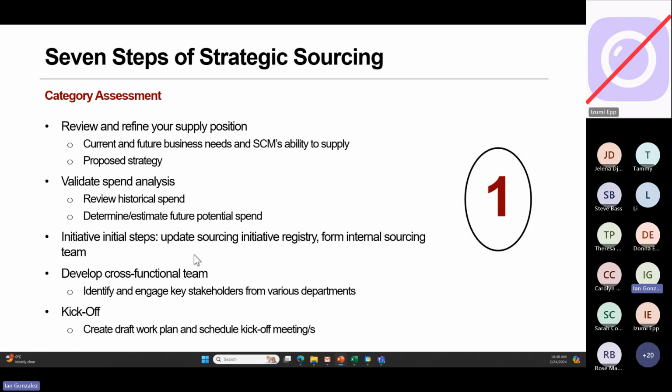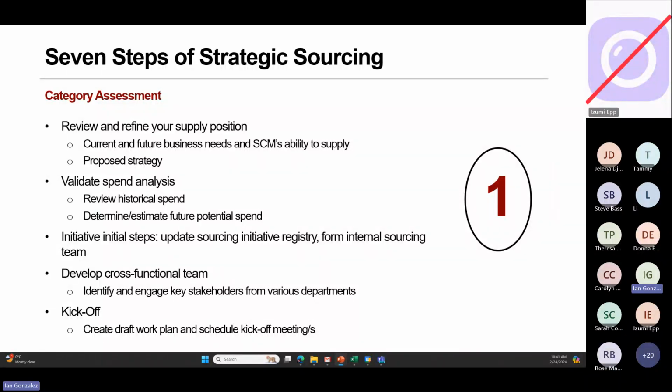Update your sourcing initiative registry if you have one. Okay, and then from internal sourcing team. Okay, and then develop your cross-functional team. Identify and engage key stakeholders from various departments. Remember last week I said that a hallmark of category management is that you form relationships with finance and operations or maintenance, people who will be using or reporting on your spend, but normally don't get themselves involved in sourcing activities.